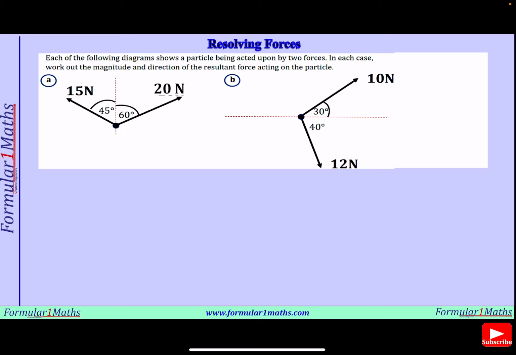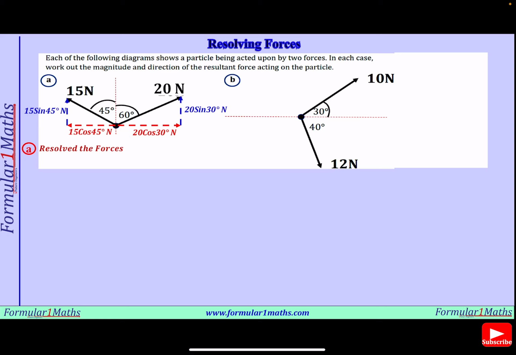But for now, let's learn how to solve this using resolution of forces. So first thing we do here is to resolve the forces like this. That is for the 50 Newton force, and then this one for the 20 Newton force.